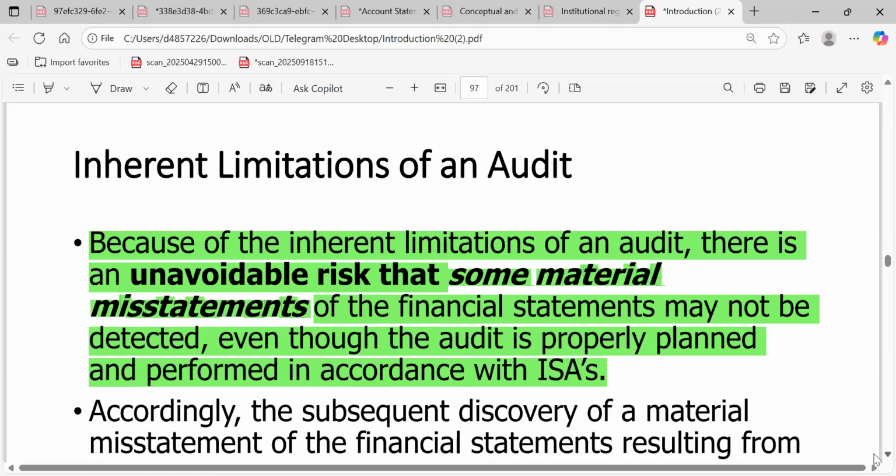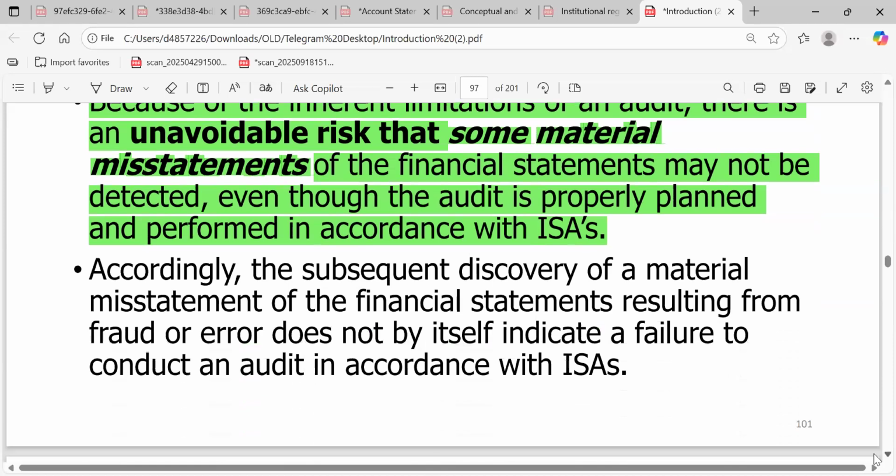Even though the auditor may follow all the audit procedures and standards, because of this inherent limitation, there could be some material misstatements that he may not detect. It is very possible.